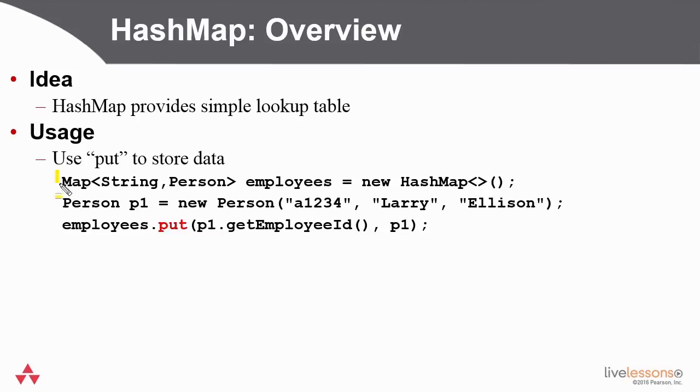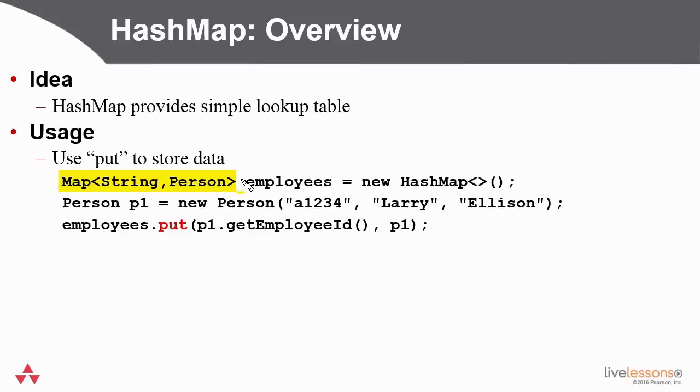So to do that, you declare that you have a map, and you give types in angle brackets, but there's now two of them. The first type in angle brackets after Map is the type of the key, and the second is the type of the associated value. So this says, I am going to make a lookup table where I store a person associated with their employee ID.